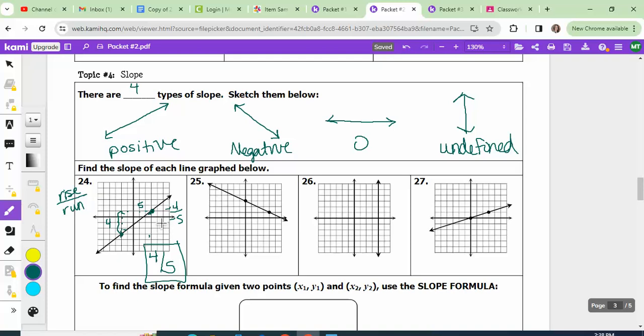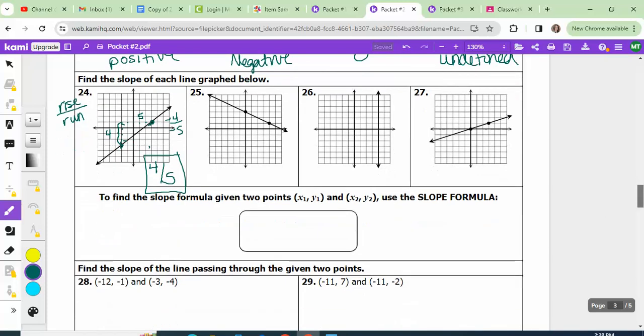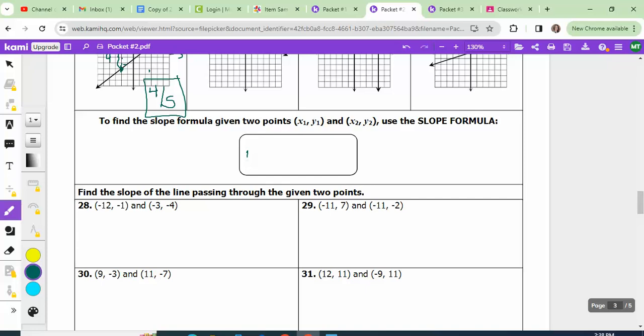If they're both negative, it becomes positive. If we don't have the graph to do rise over run, remember we had a slope formula, y2 minus y1 over x2 minus x1. On the EOC, you are provided a formula sheet, and this is on there. So you just have to know that it represents slope.